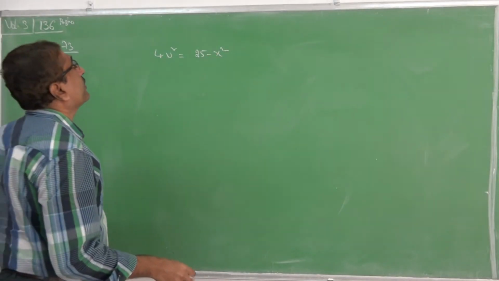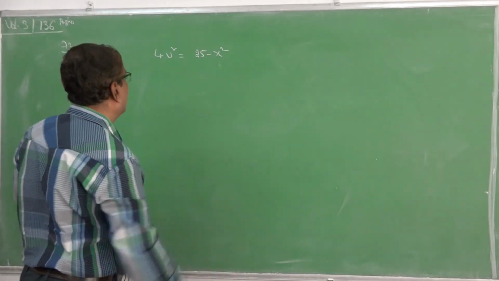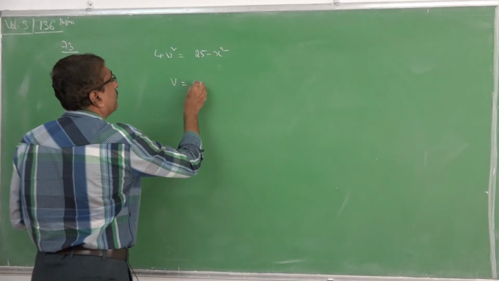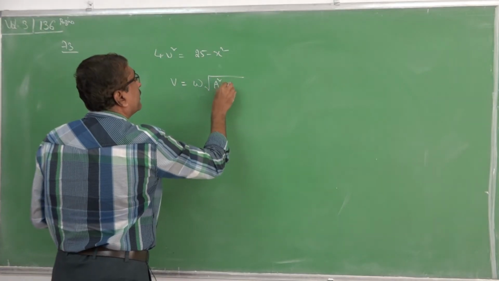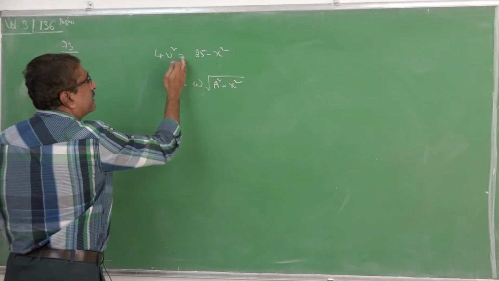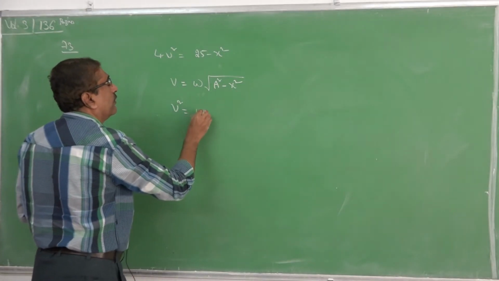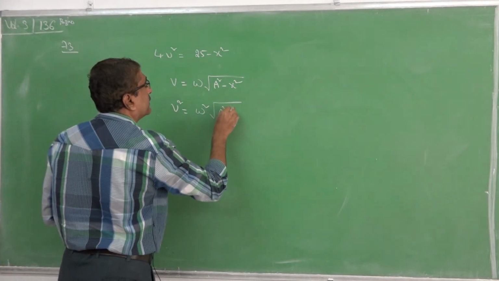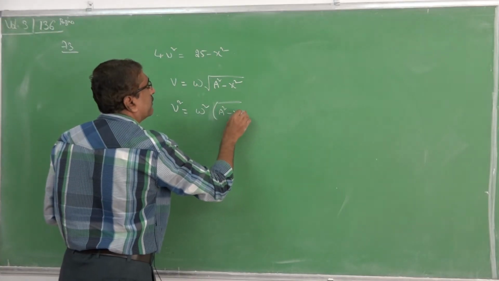According to this equation, find the maximum displacement. We know the velocity of the particle is equal to omega into square root of a square minus x square. If you square this equation, v square is equal to omega square into (a square minus x square).